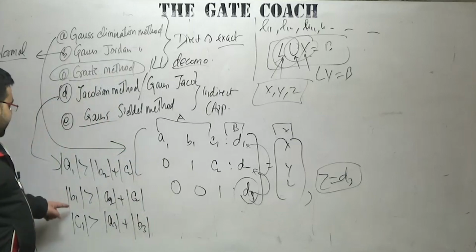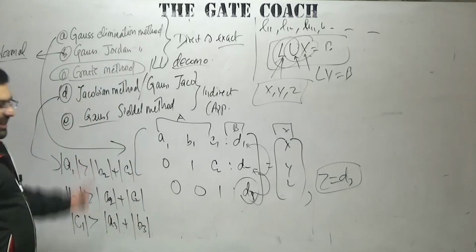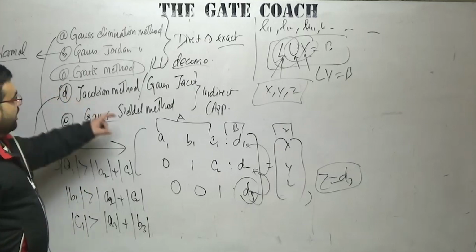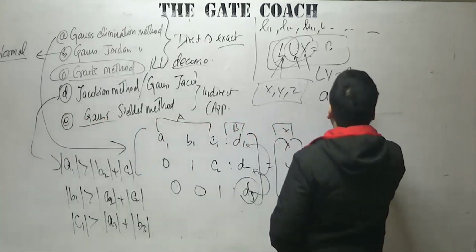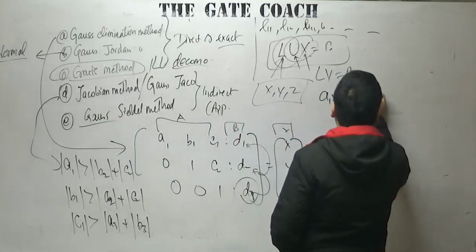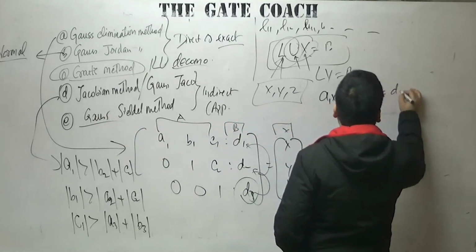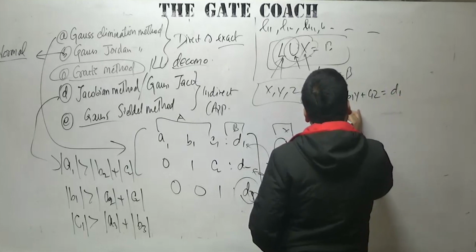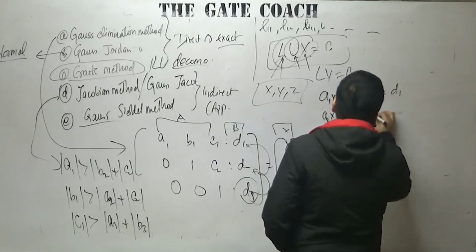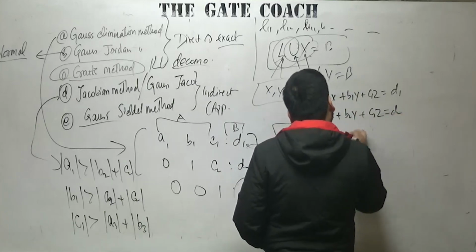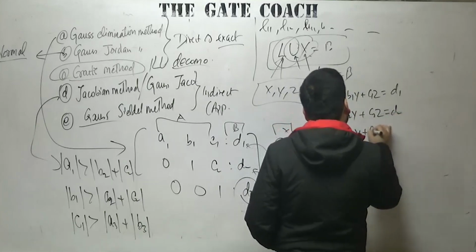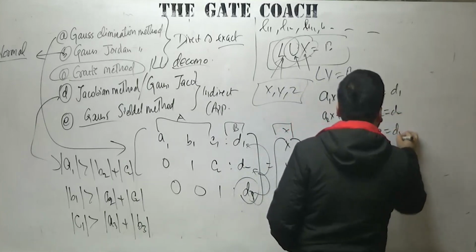Now the question is, sir, which one is a1, which one is b1, which one is c1? It can be anything. For example, these are the equations given to you: a1x plus b1y plus c1z equal to d1, a2x plus b2y plus c2z equal to d2, a3x plus b3y plus c3z equal to d3.